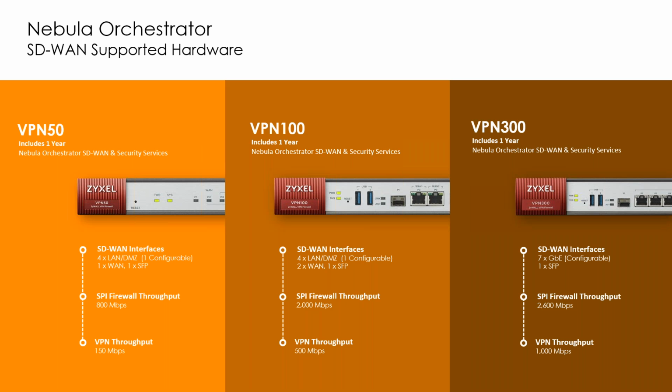Any performance difference between a USG and a VPN product series? Well, that we would have to take device by device, and the easiest way of doing that is comparing data sheets. So, for example, ftp.zyxel, your country code, FI for Finland, for example, or SE for Sweden.